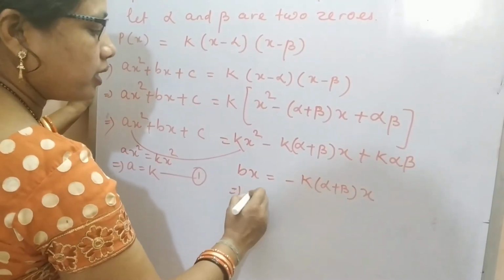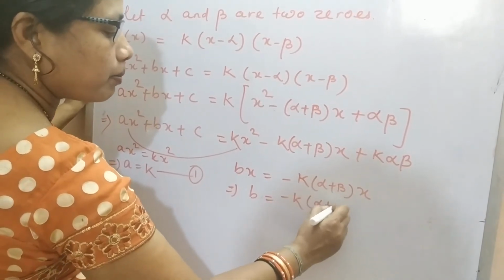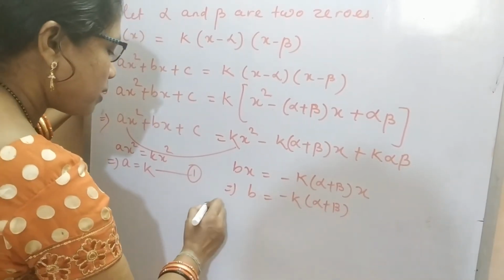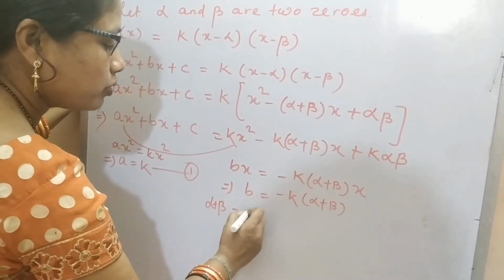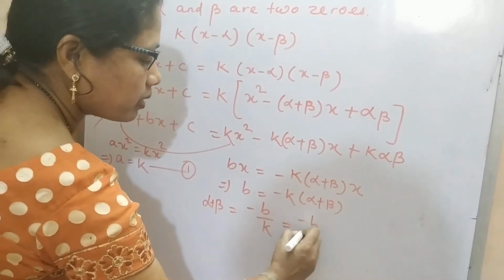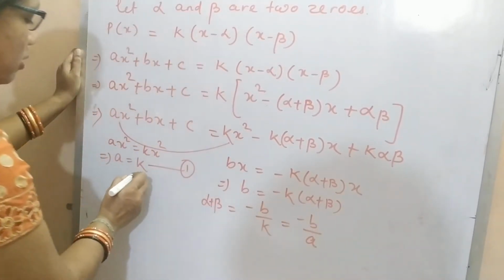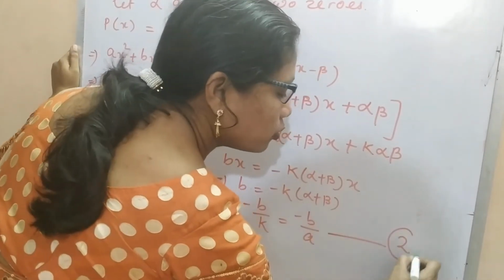So this implies b is equal to minus k whole into alpha plus beta. So what is alpha plus beta? Alpha plus beta is equal to minus b by k. This implies this is minus b by a, because k is equal to a. So this is our finding 2.